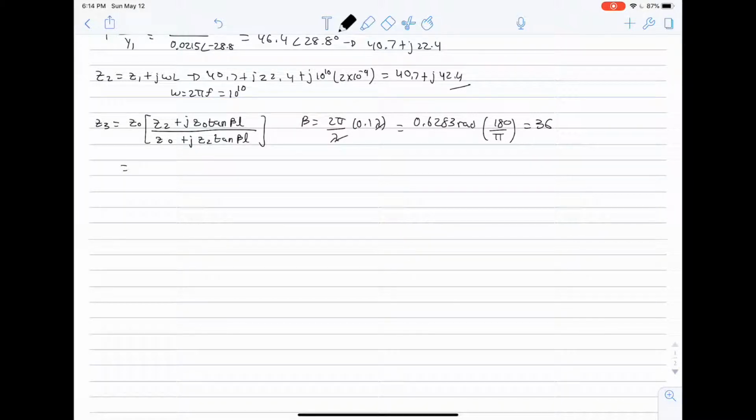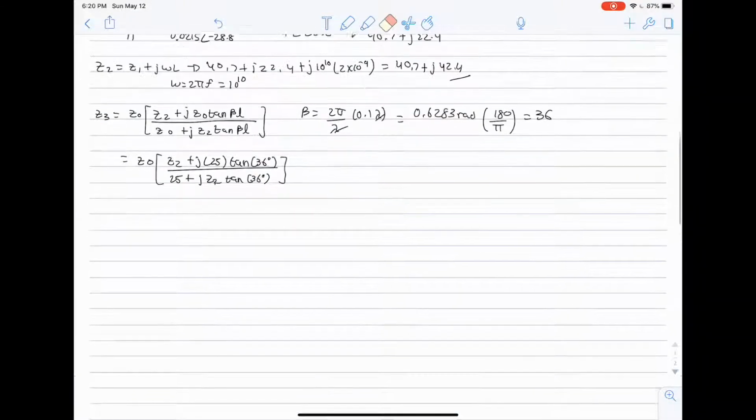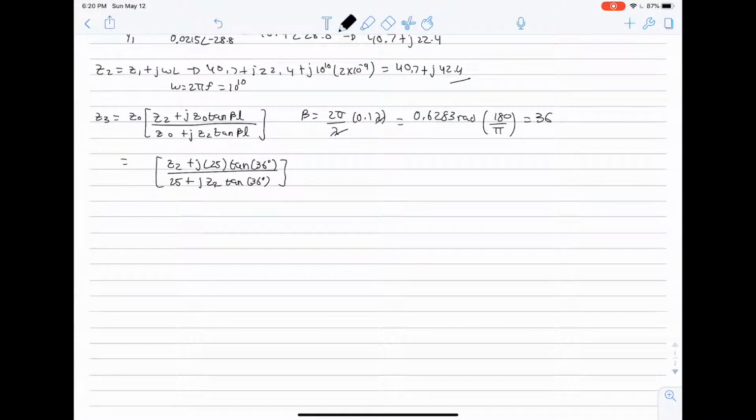So Z0 times (Z2 + j times 25 tangent of 36 degrees) over (Z0 + j 25 Z2 tangent of 36 degrees), and there should be 36 degrees, and this should be 25.